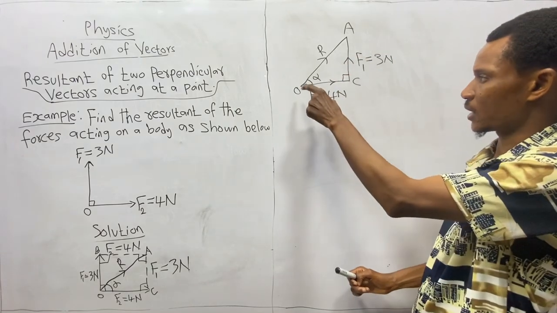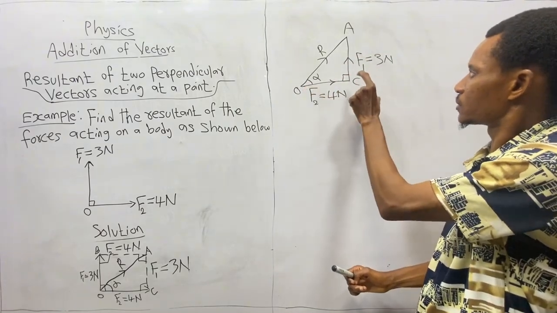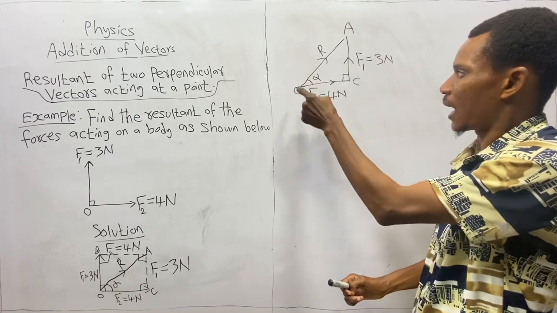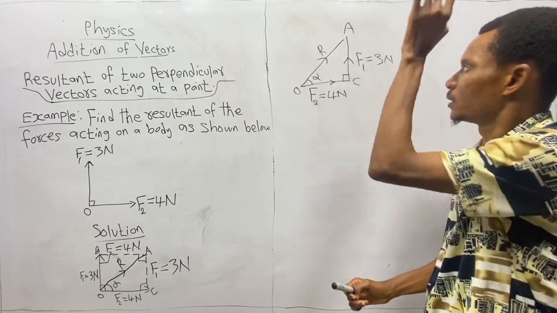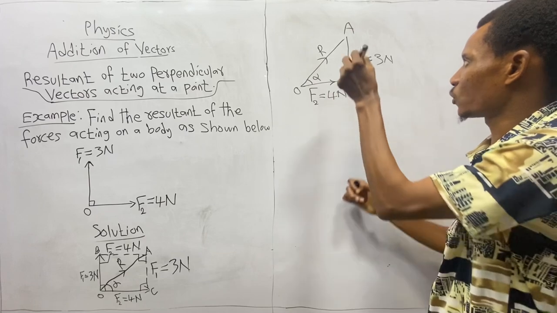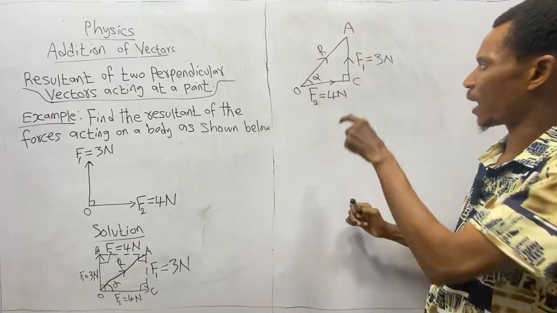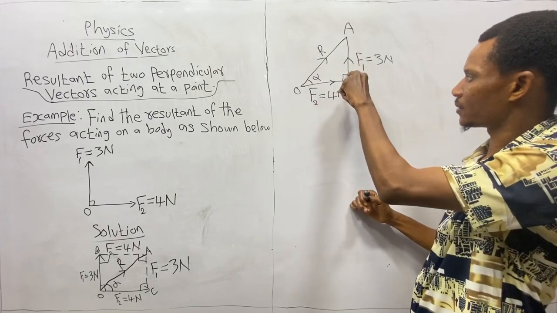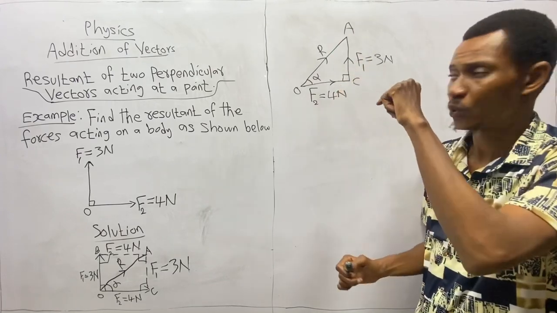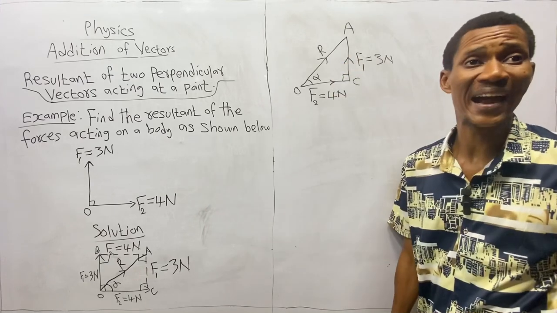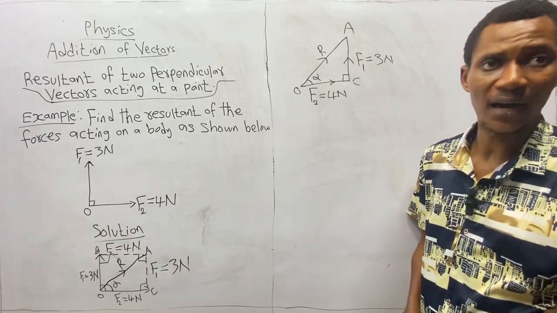So look at this triangle now: OC, CA, AO. How many sides? 1, 2, 3. A triangle always has three sides. So when a triangle has a right angle as one of its angles, we call that triangle a right-angled triangle.